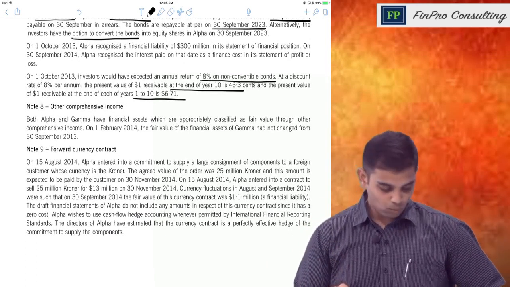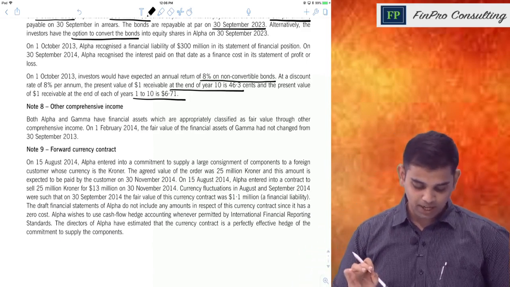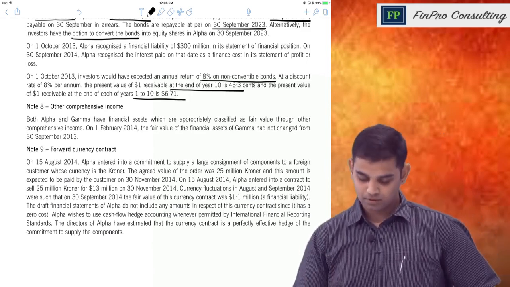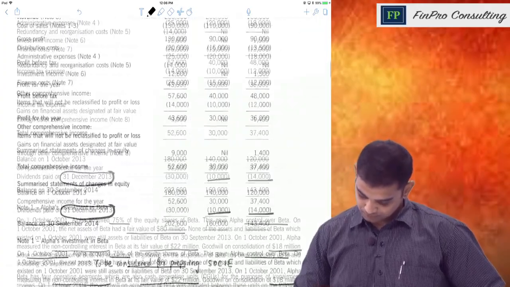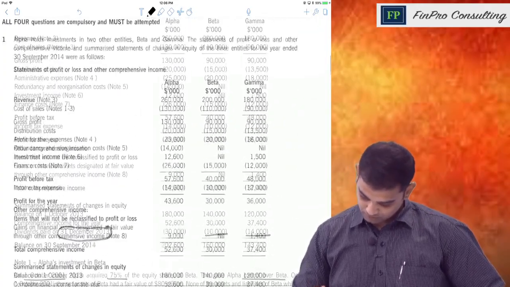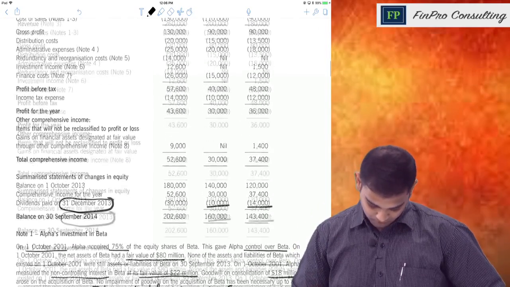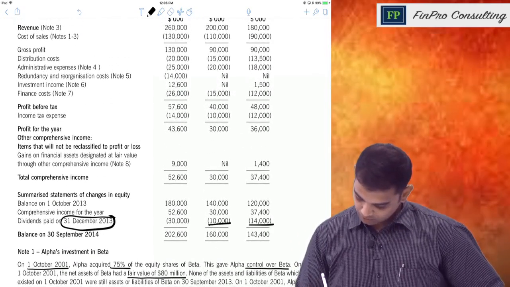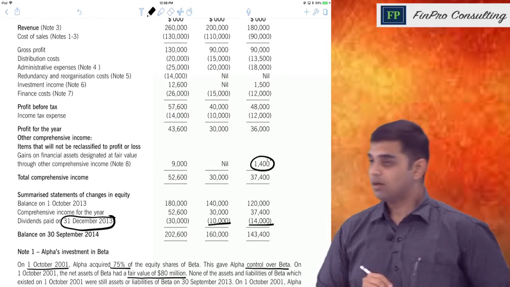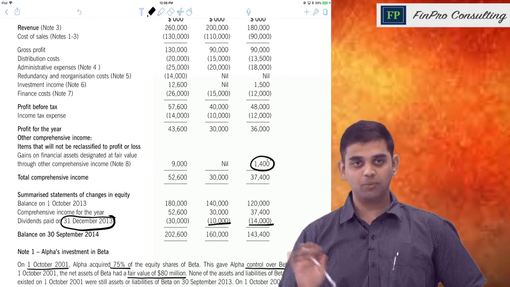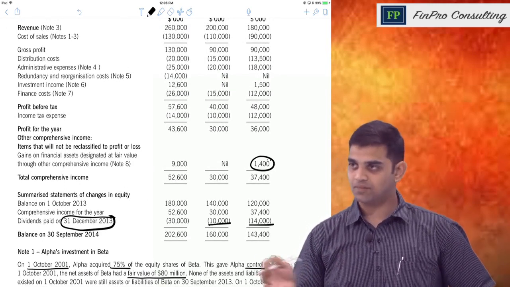Now tell me, what is the total value of OCI amount in the books of gamma? It is 1,400. This amount I am talking about. Now, I know that this is not to be done on a pro rata basis. They have clearly given.